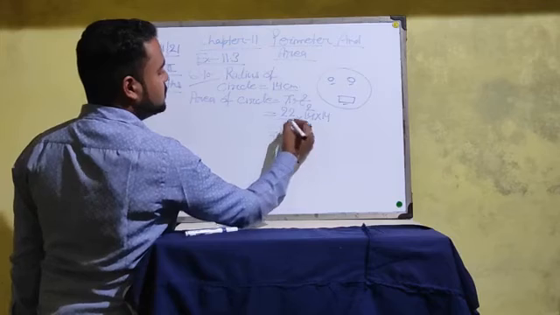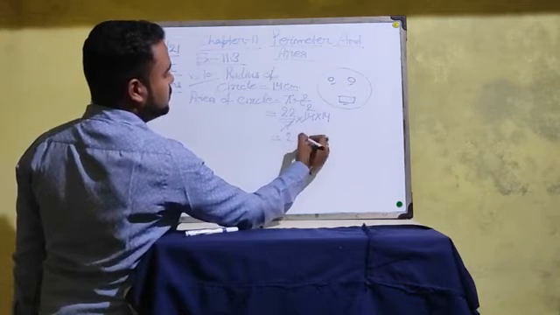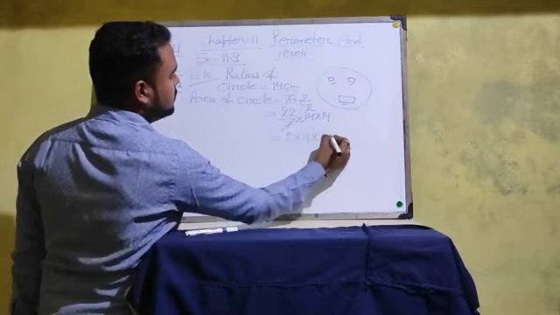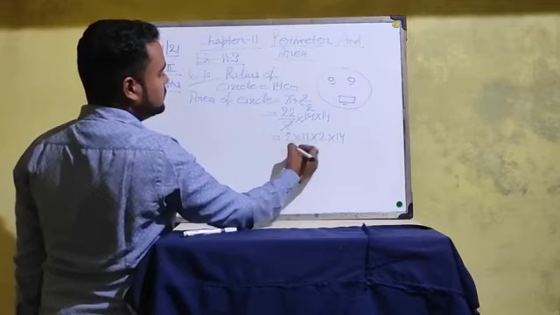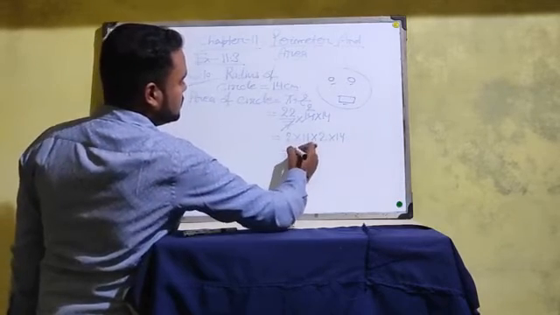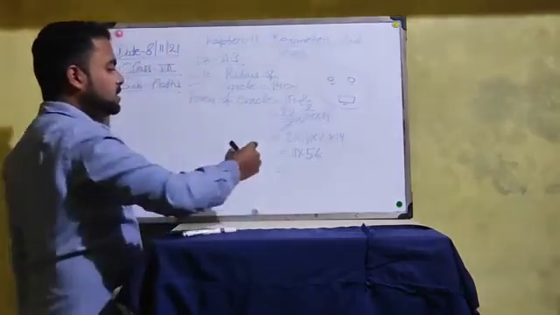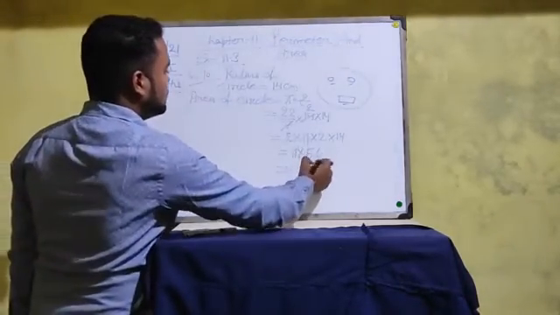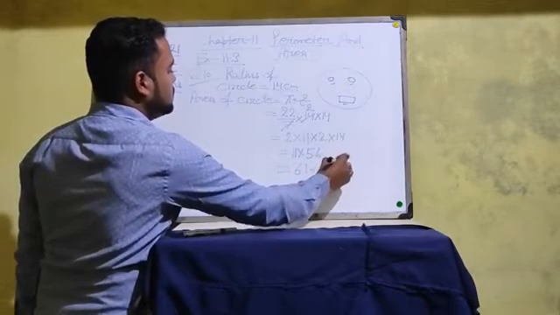For calculation, we expand the 22 into 2 into 11 and 2 into 14. 14 4s are 56. When we multiply it, it gives 616 centimeter square.